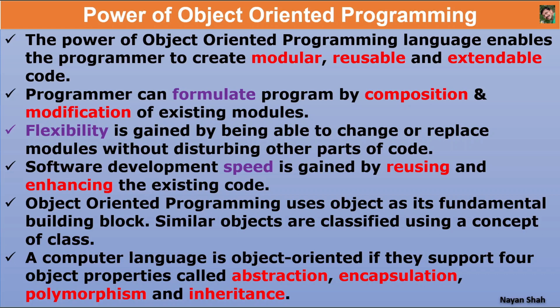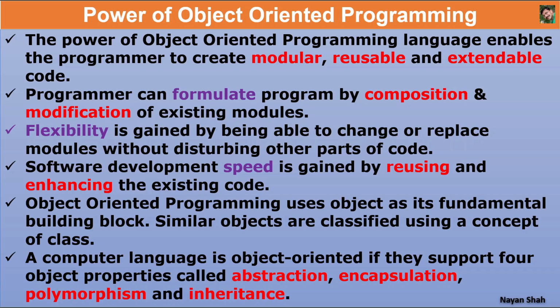Object-oriented programming uses object as its fundamental building block. Similar objects are classified using a concept of class. We will discuss this topic in detail further, what is the class and the relations between objects.